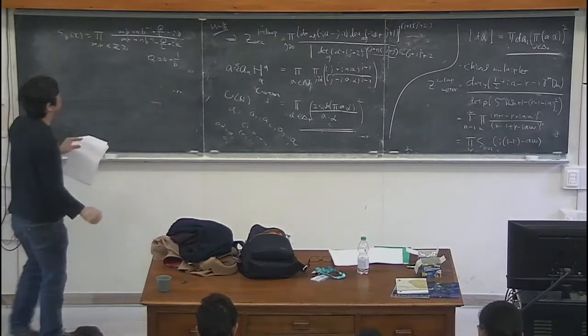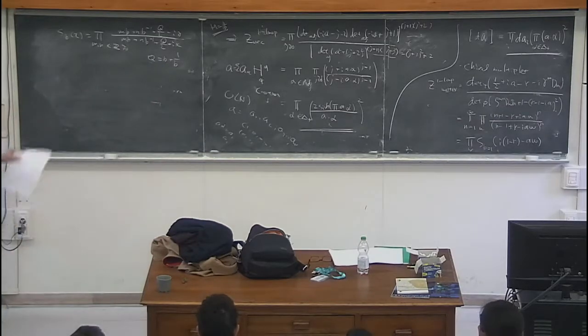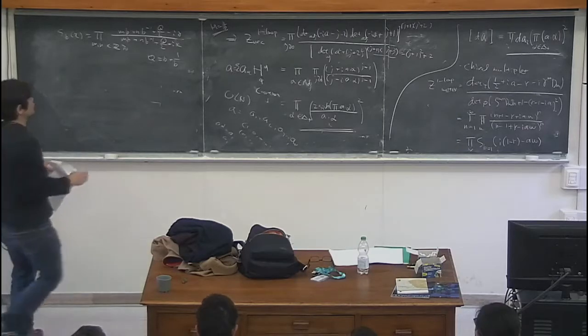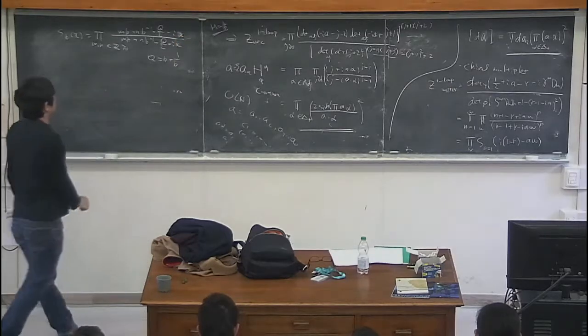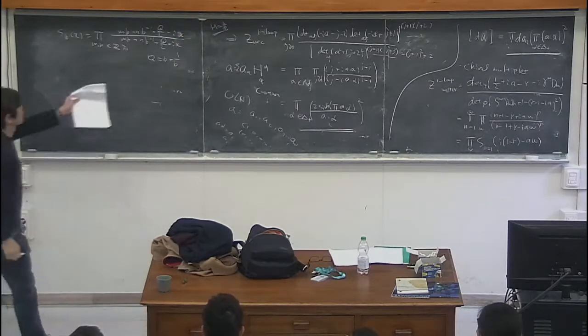This is defined by this infinite product, and this has some periodicity in the two directions. So it's called the double sine function. And here we take b equal 1. Then this gives us this one.